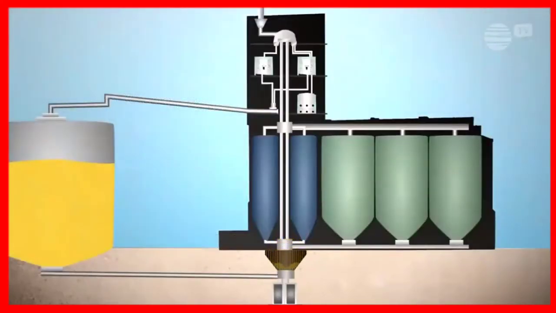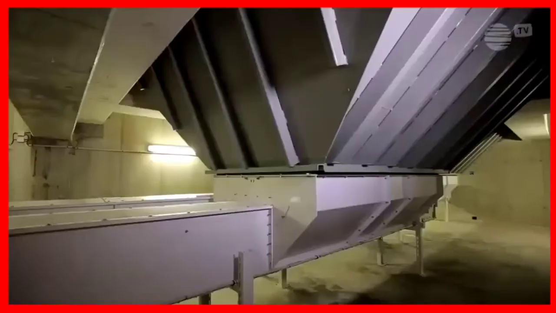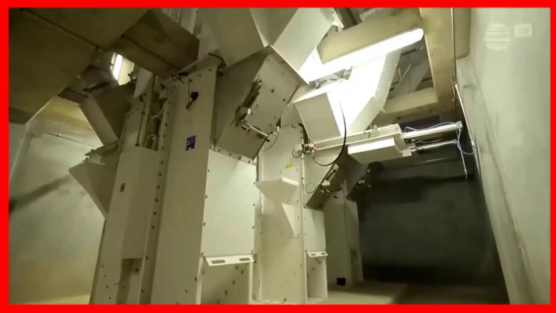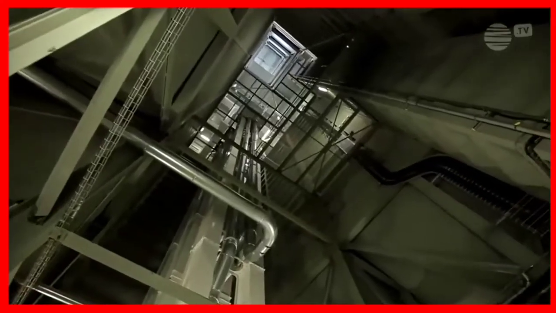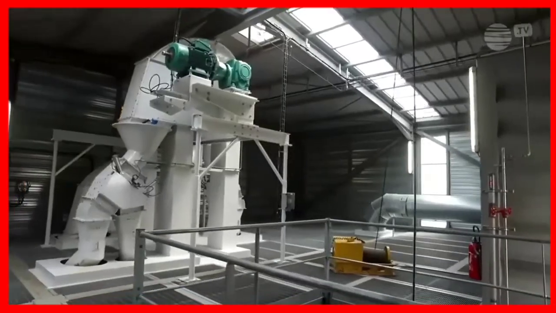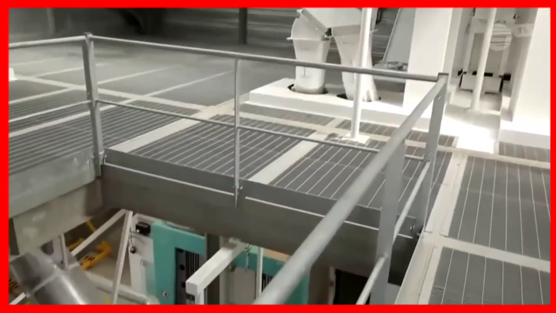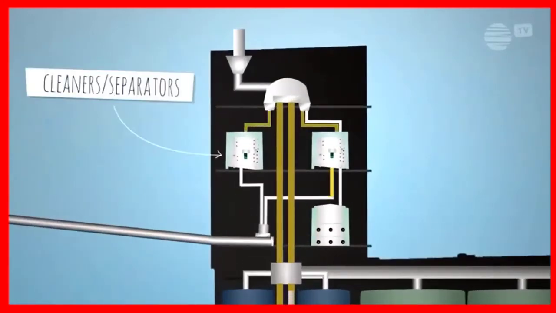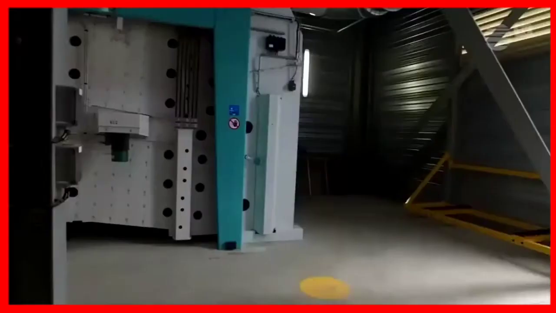The grain is sent from the pit to an elevator that takes it up to the top of the silo. Once it reaches the top floor, the grain falls through the cleaner separators, which remove small and large impurities using sieves of various diameters.